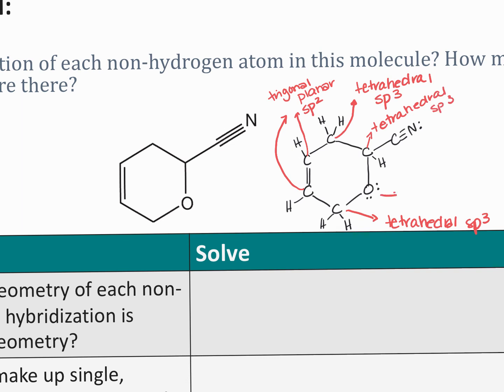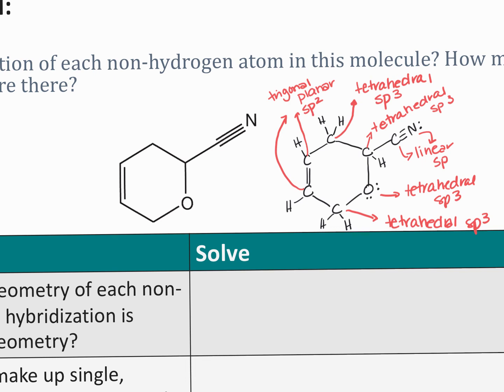When we look at this oxygen, it has 4 electron groups, so it's also going to be tetrahedral, which is sp3. We look here, this carbon is linear, so it's going to be sp. And then when we look here at this nitrogen, what we find is it's also linear, and so it is also going to have an sp electron geometry.